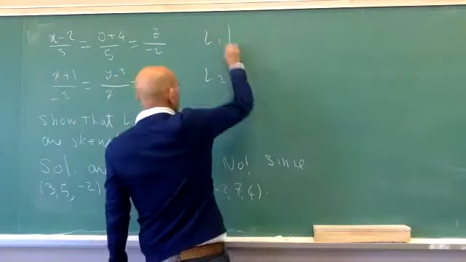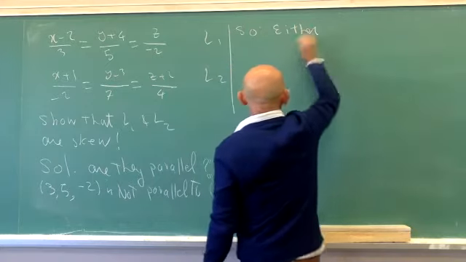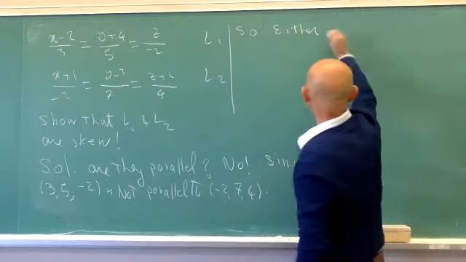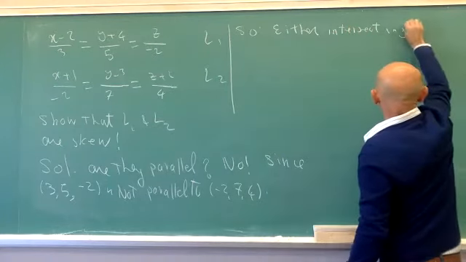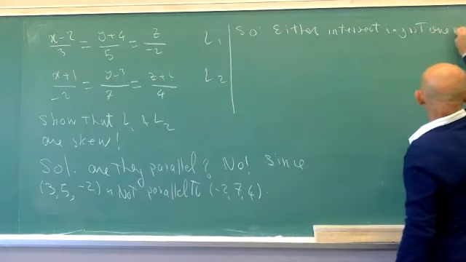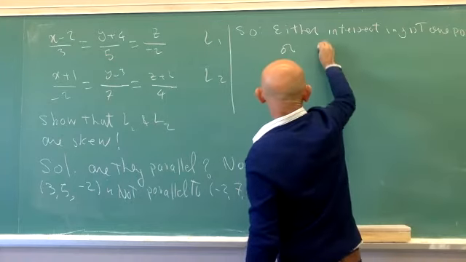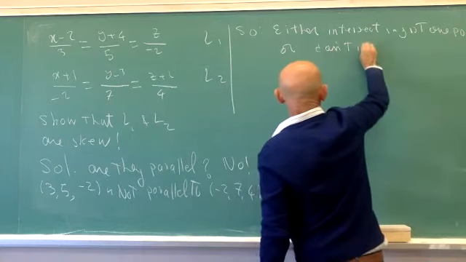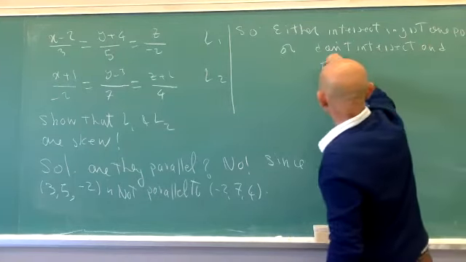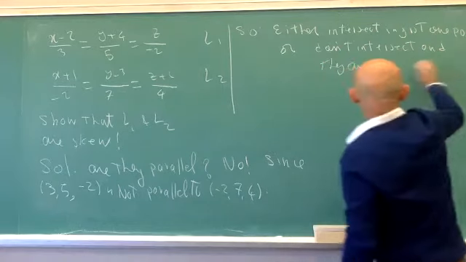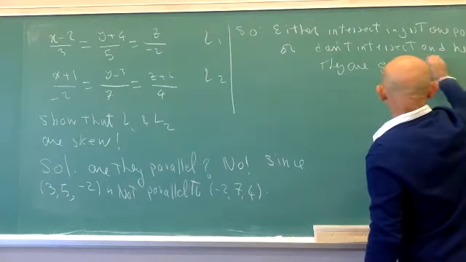Either they intersect in a unique point, in just one point, or they don't intersect, and hence they are skew lines.